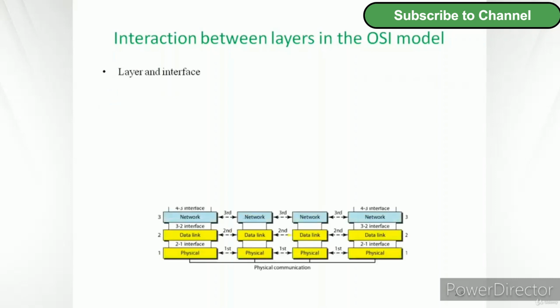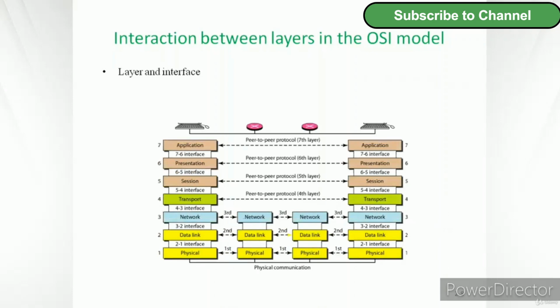We can see here the sender and receiver, or we can say this is device A, this is device B. Data flows from the intermediate nodes to the destination. And we can see over here the seven layers again. As I told you, the first three layers are the network defined layers, and these four layers are the user friendly layers.